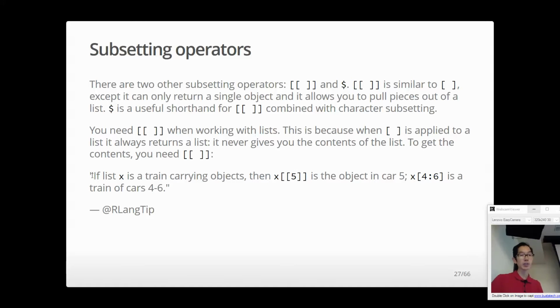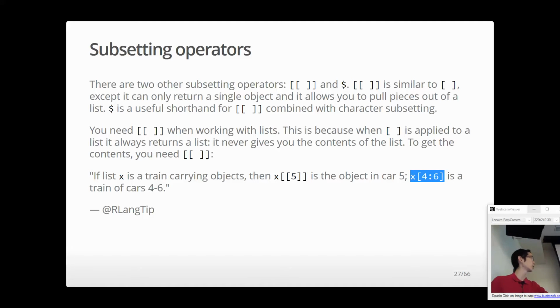Here's a helpful quote: if list X is a train carrying several objects, then X double bracket 5 is the object in car 5, whereas X single bracket 4 through 6 is the train of cars 4 through 6.